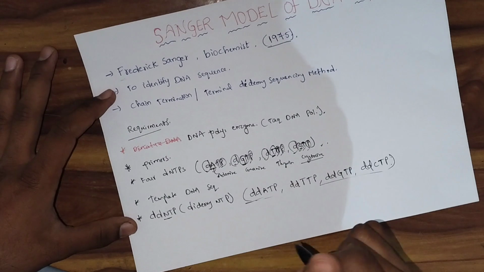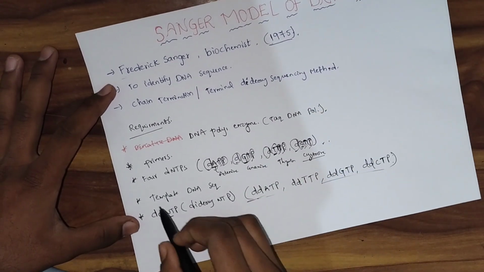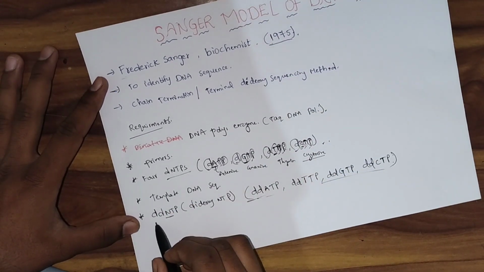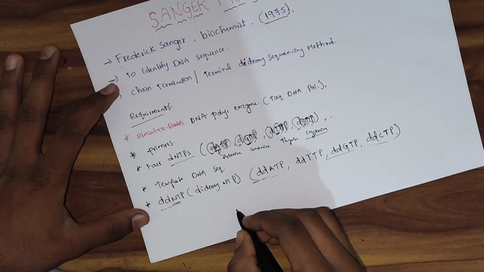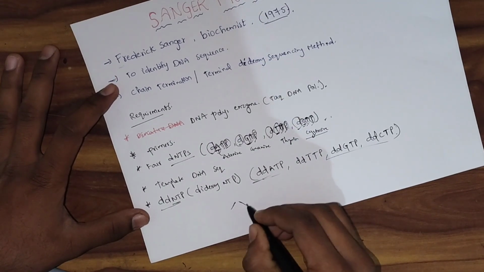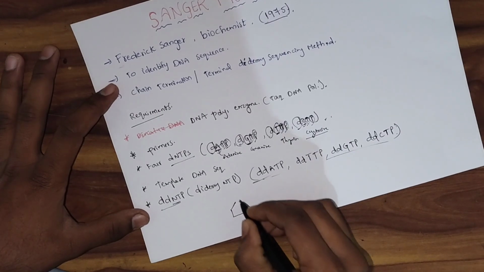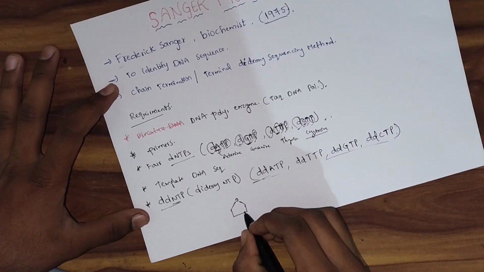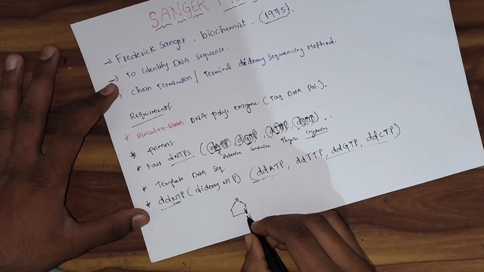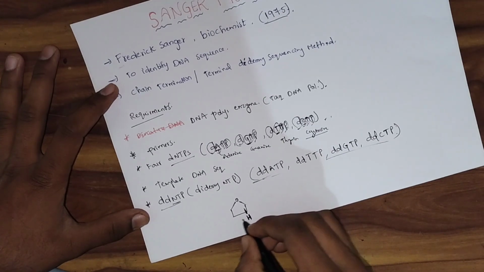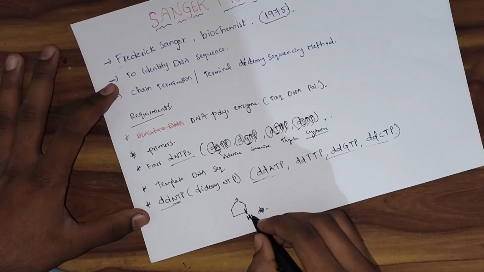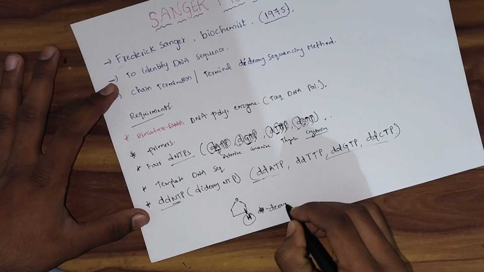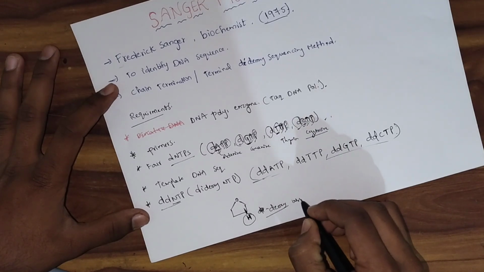Then you may ask what is the difference between dNTPs and ddNTPs? If the sugar molecule has no oxygen group at the second carbon, it is called deoxy, meaning absence of oxygen.